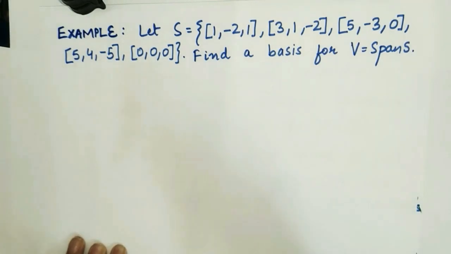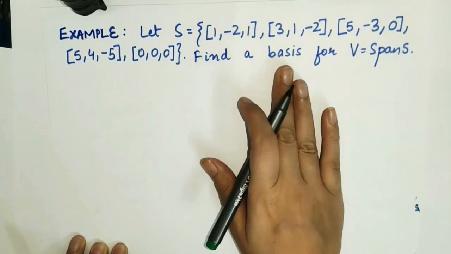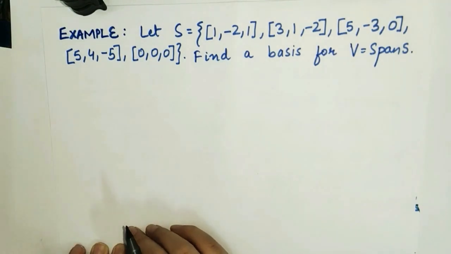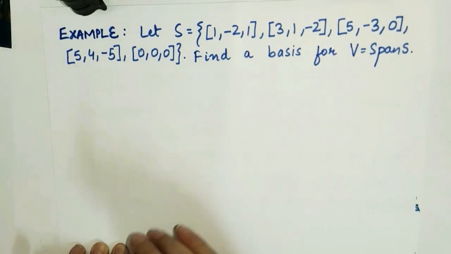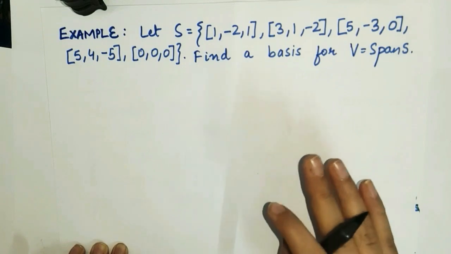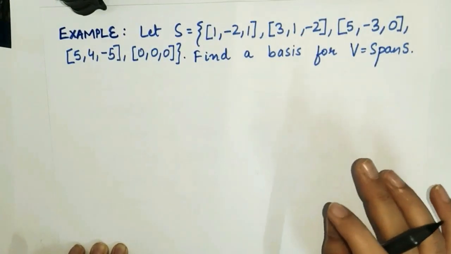If you want to find a subset of S, then again you have to do it as previously. You have to apply the independence test method and get your maximal linearly independent subset of S, and that will be a basis.